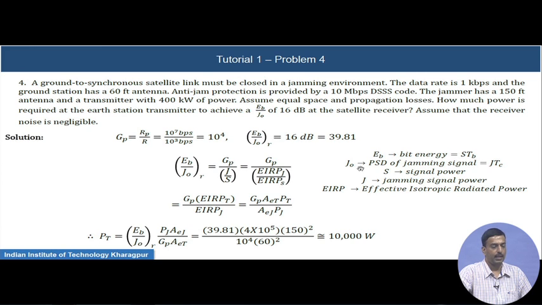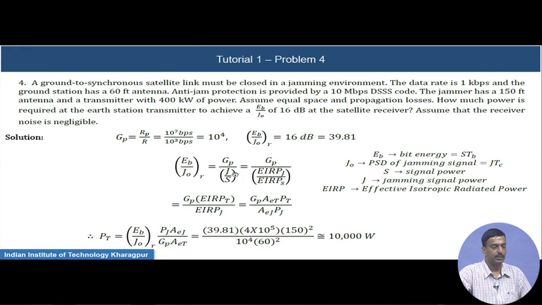So again, J0, which is the PSD of the jamming signal, is nothing but the jamming power multiplied by the chip duration, and we see that if we multiply these two quantities, what we end up getting is Tb/Tc. Or just substitute these values over here and you will see that Gp is nothing but Tb/Tc, which is exactly the definition of the processing gain. So basically this formulation makes sense.